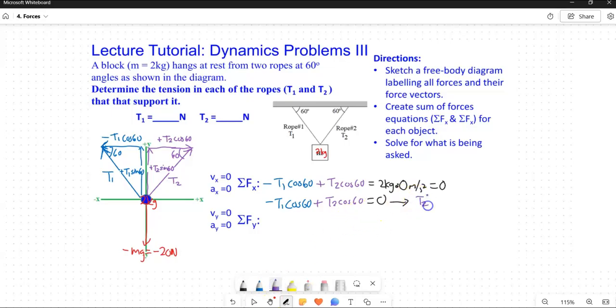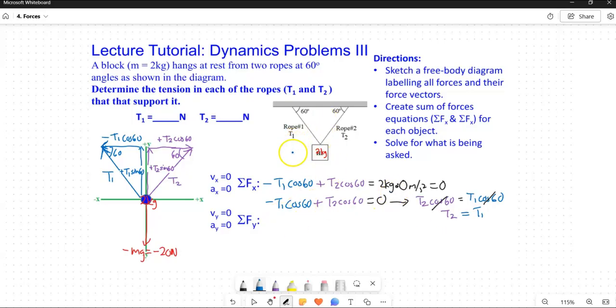So we get T2 cosine 60 degrees equal to T1 cosine 60 degrees, and those cosines of 60 degrees are going to cancel out, and we find something weird where we just have an answer that says T2 is equal to T1. Hey, that's okay. It will not be the case in your problem since those two angles are different, but in this case it is.